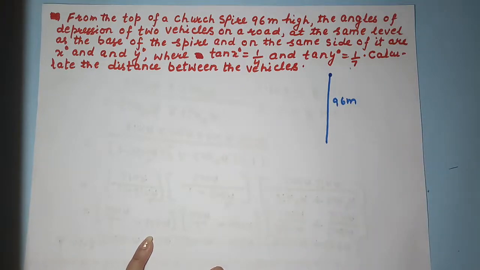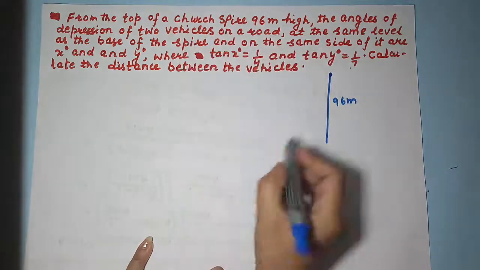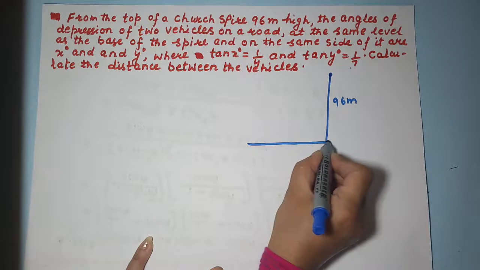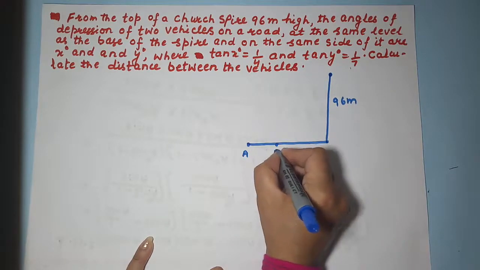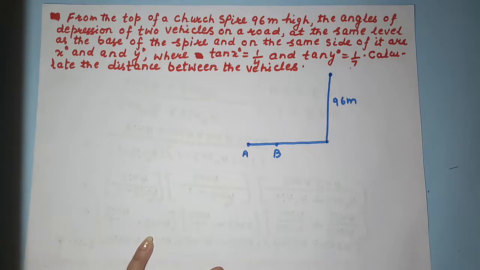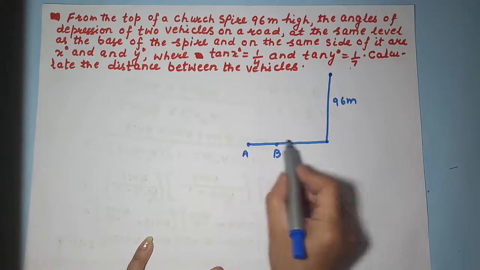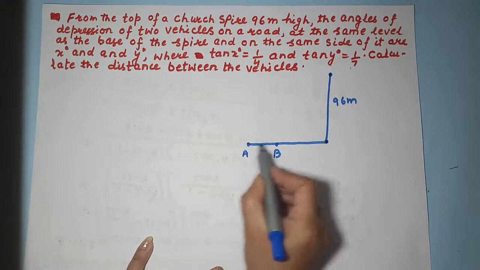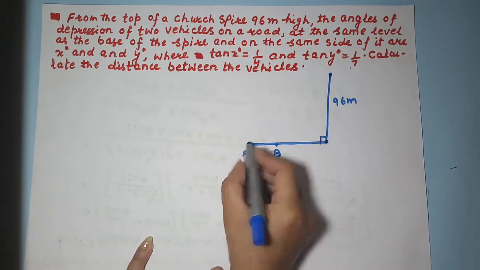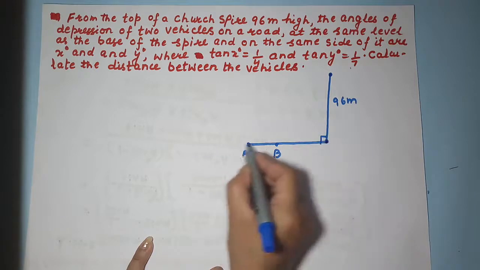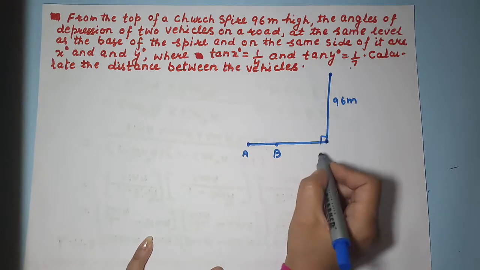The angles of depression of two vehicles on a road, so there are two vehicles on a road, let's name them A and B, at the same level as the base of the spire. They are on the same side of the spire, that means A and B are on the same side of the level ground, at x degrees and y degrees.